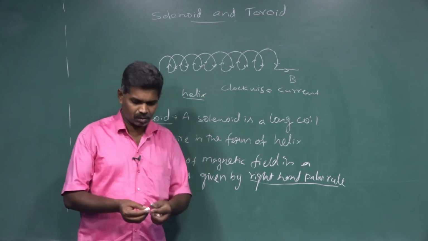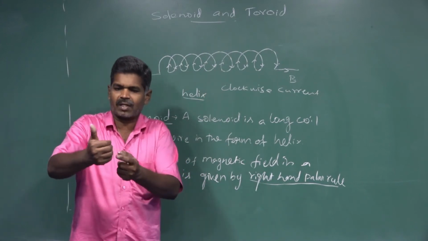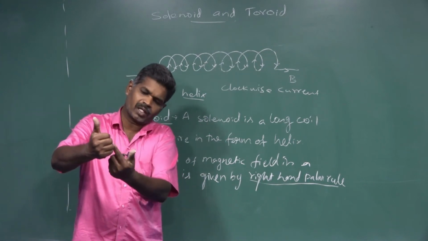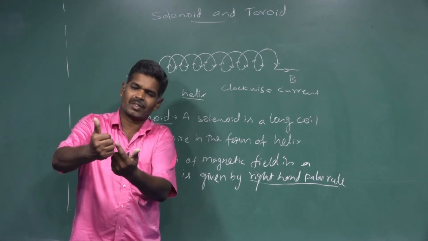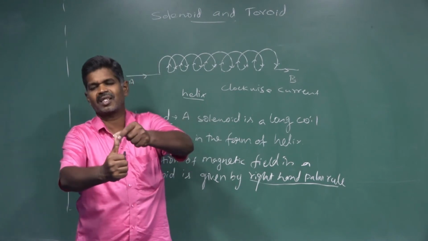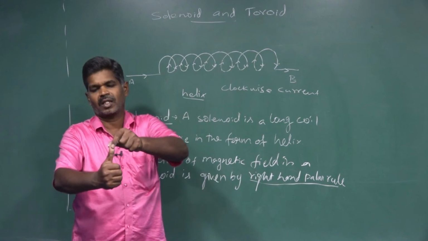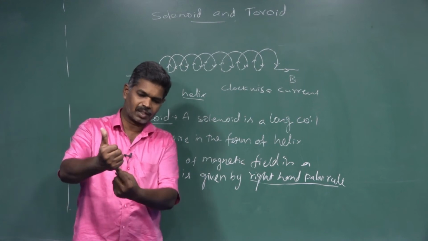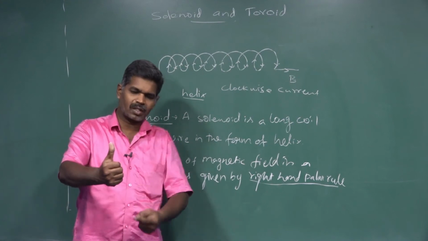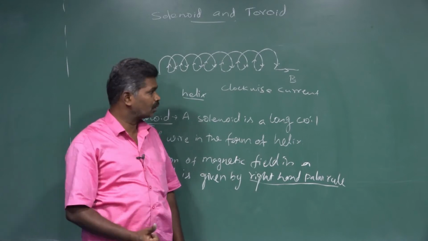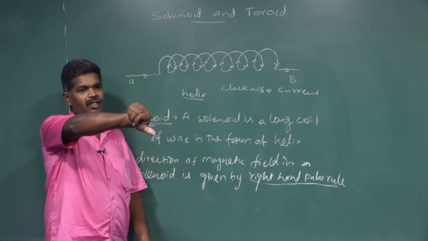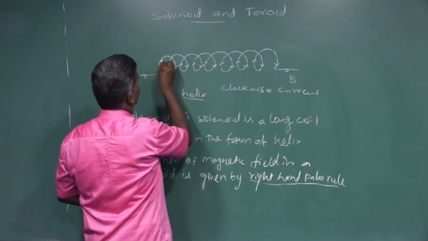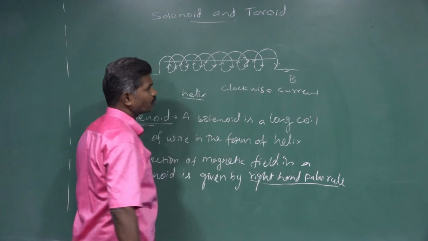If the coil is placed inside our right hand, then the curled fingers show the direction of the current, and the extended thumb shows the direction of the magnetic field. So the current is flowing like that, and inside the coil the magnetic field direction is this.